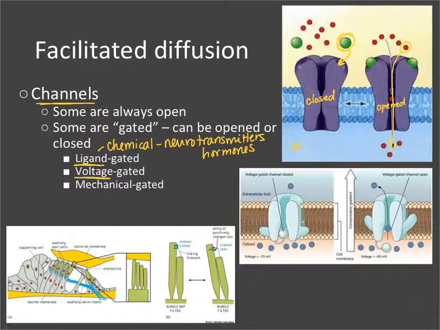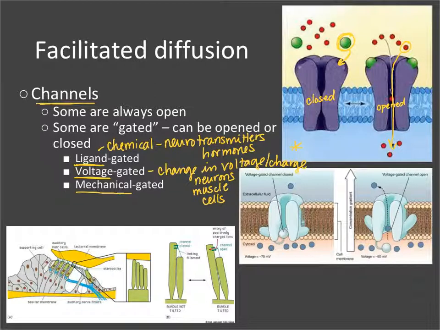In voltage-gated channels, there's going to be a change in voltage or a change in charge that opens or closes one of these channels. And we also see this in things like neurons and in muscle cells. So these are how neurons and muscle cells kind of transmit the information needed in order to either communicate if it's a neuron or to contract if it's a muscle cell.